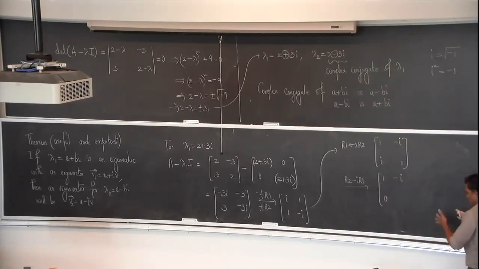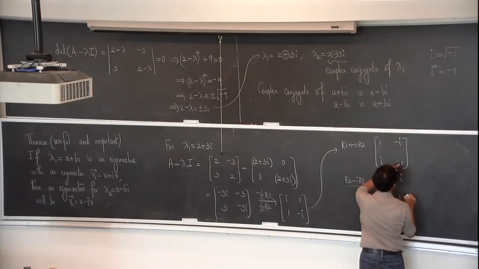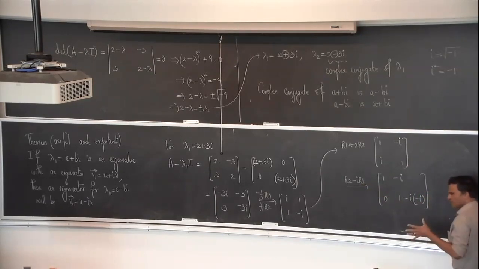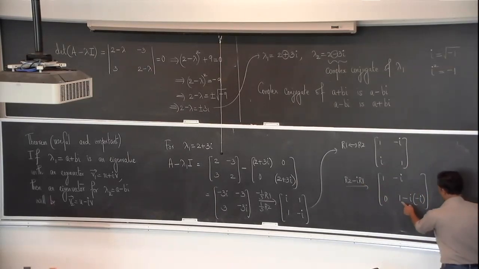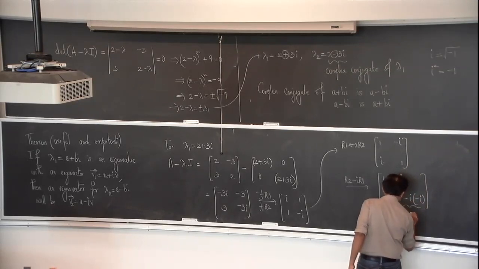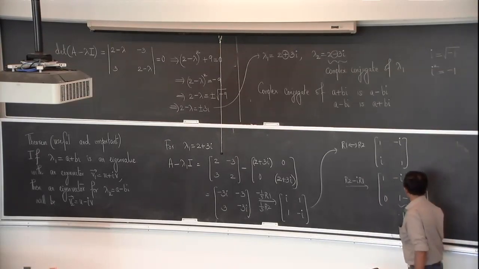Now you want to write a 0 in the next one, but you're not sure. Is it really 0? So it's going to be 1 minus i times negative i. You don't have to write that, but just to convince you that this is 0. And this is 1 plus i squared. Are we in trouble? No, i squared is negative 1. It is 0.